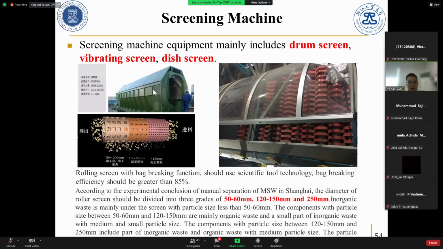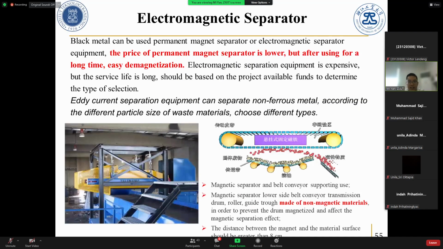This is a drum screen, and this is a disc screen. They just separate the small part and the big part. The small part is usually the ash or uncombustible. The big part is the organic part, plastic or wood. And this is mechanical sorting.